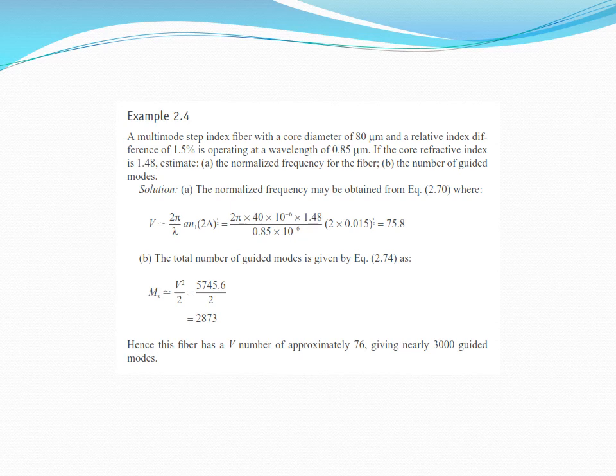The relative refractive index difference delta is 1.5%, which has to be converted to 1.5 by 100, giving 0.015.